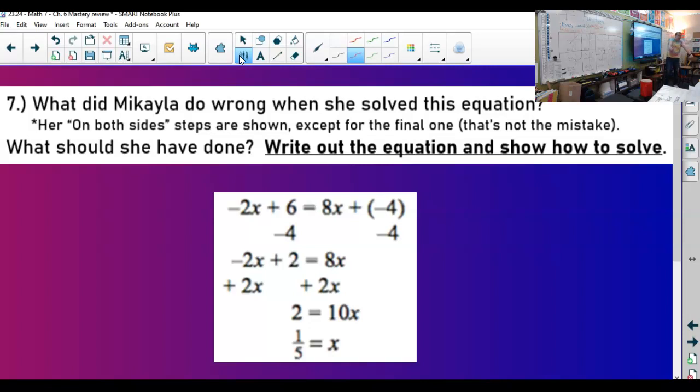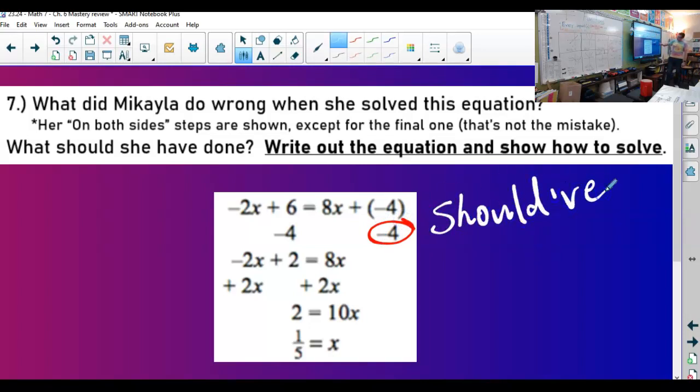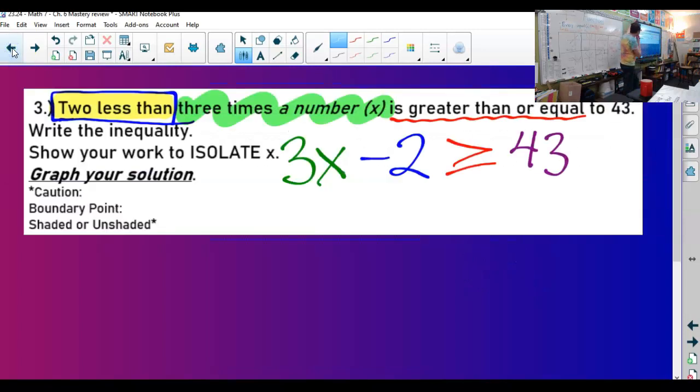If you didn't do it the first time, this should have been plus 4 to make 0. Right? Inverse operations. Since it's negative 4, we want a plus 4. So if we come back to here, since it's negative 2, I know it looks like minus, but we've learned that's really negative.